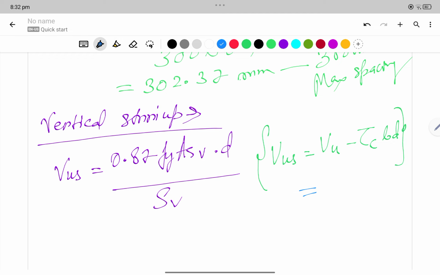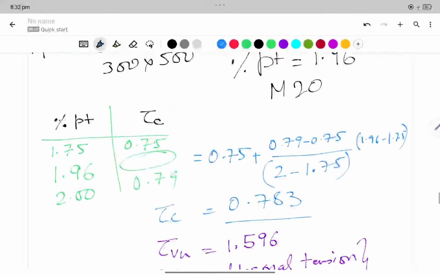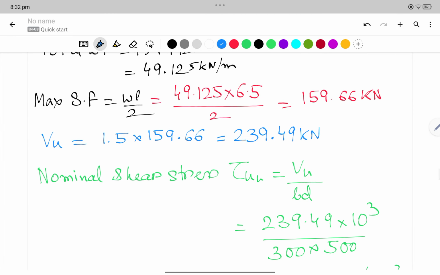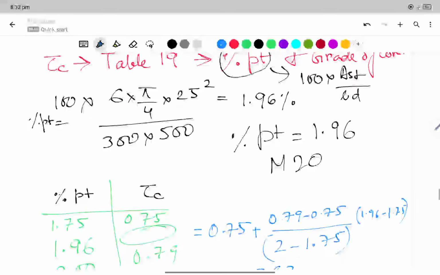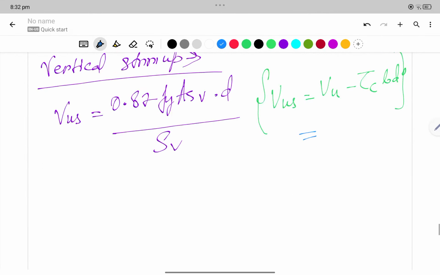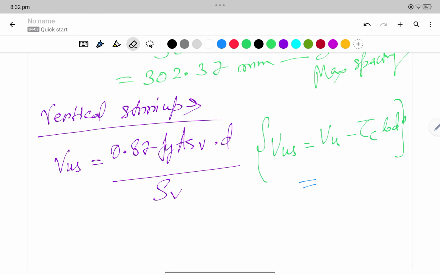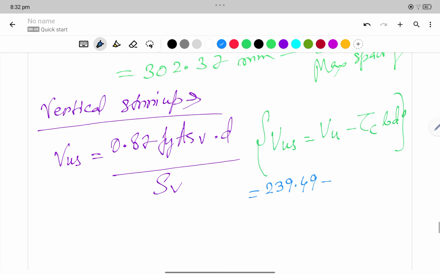So Vu, we know that Vu is, first only we have calculated Vu, 239.49. So Vus is equal to 239.49 minus tau c.